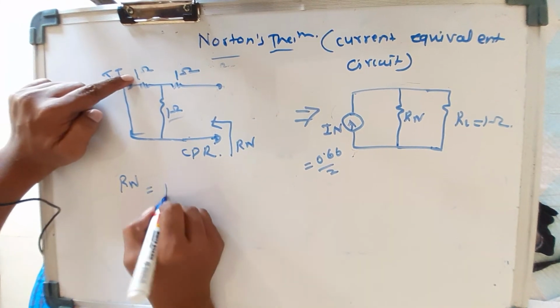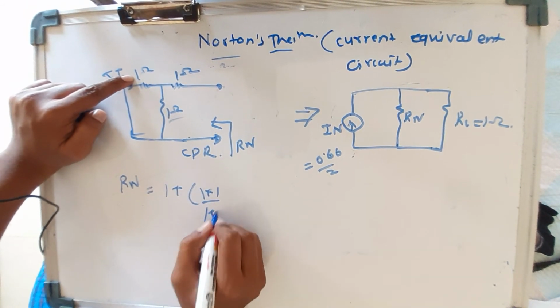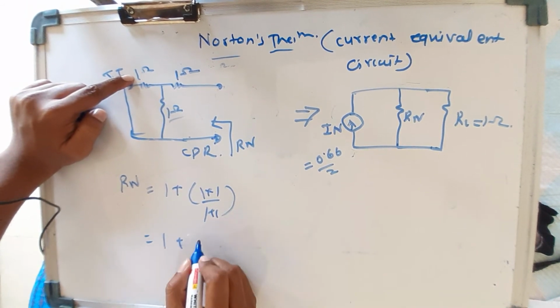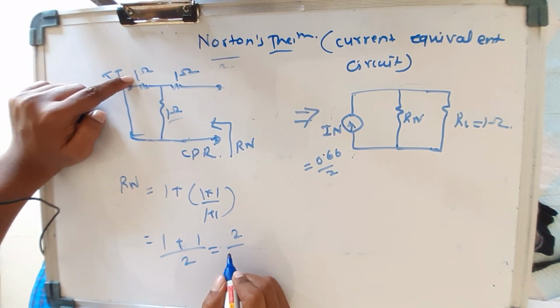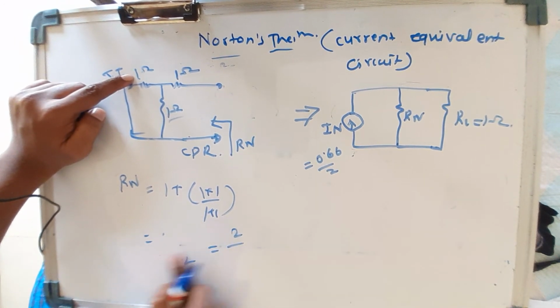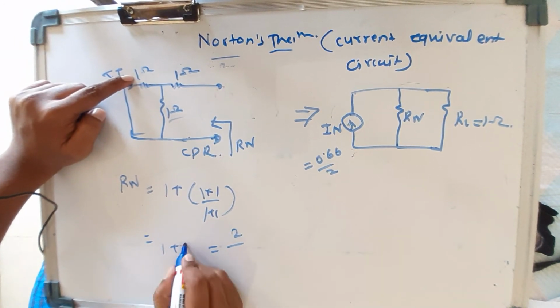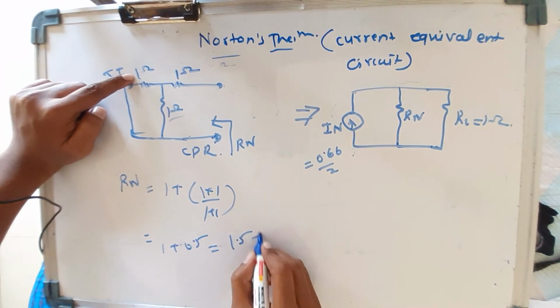Here 1 plus these two are in parallel, 1 into 1 over 1 plus 1, so 1 plus 1 divided by 2, that is 1 plus 0.5, which should be 1.5 ohm.